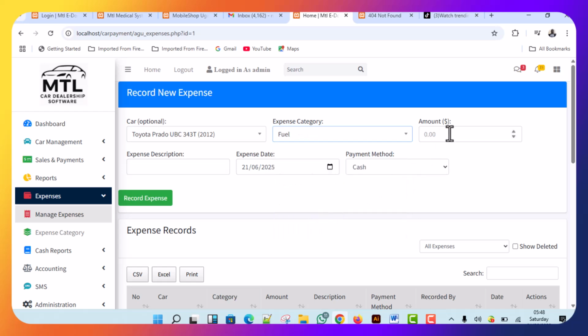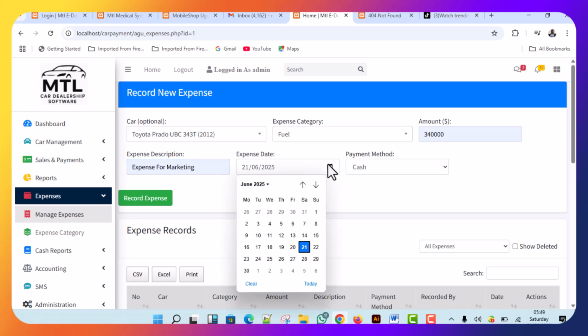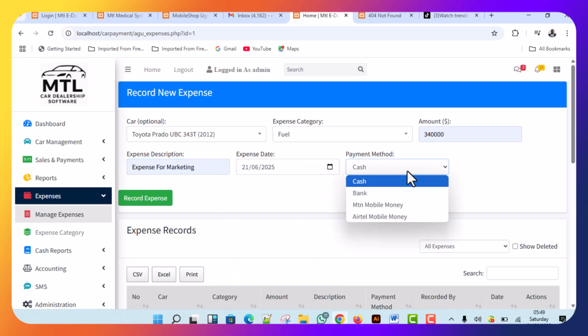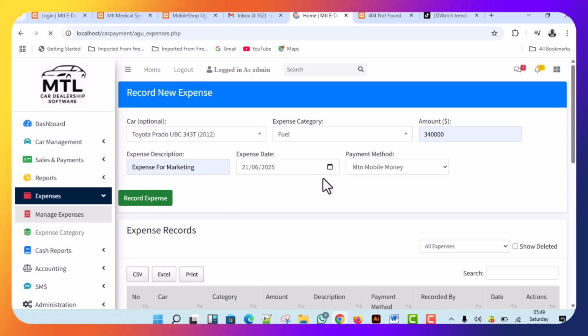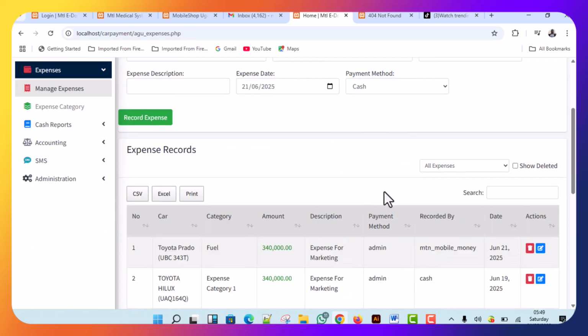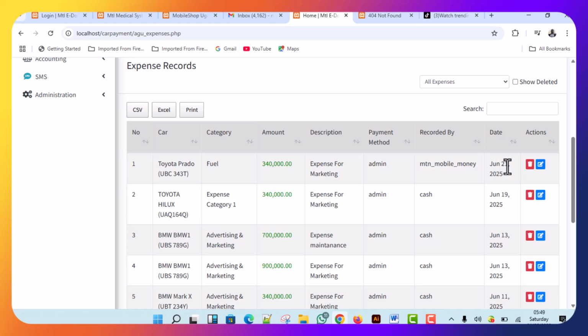This is fuel, this is the amount we spent on fuel, and you describe it. Then the date, and which mode of payment you used. Let's say if you use MTN mobile money, this is how it looks. When you go to this car, you should be able to see you have spent this amount, added to the other costs.